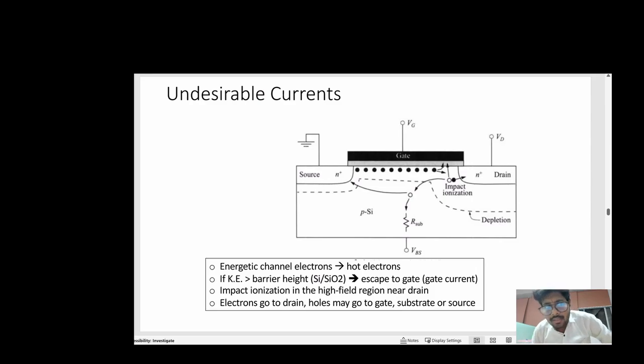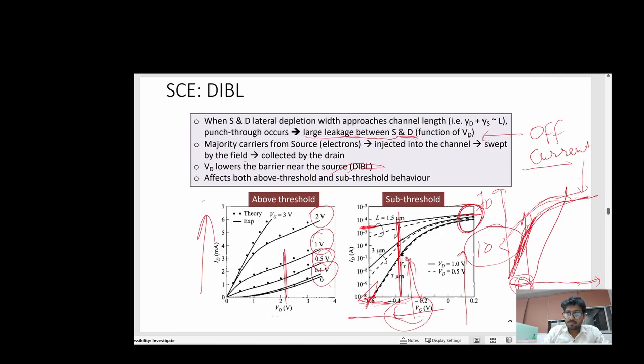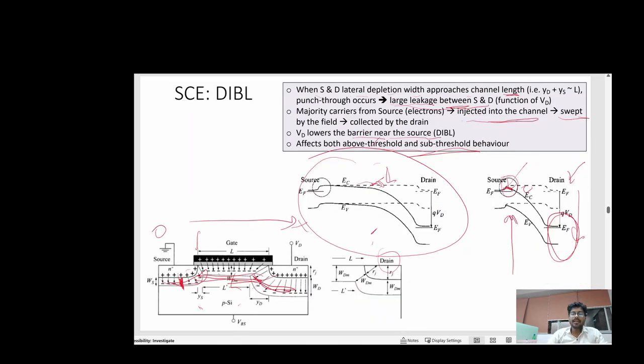Now, undesirable currents. We talked about impact ionization, right?